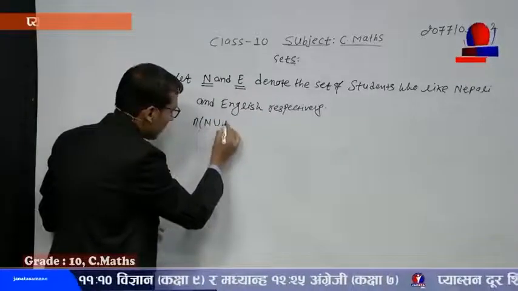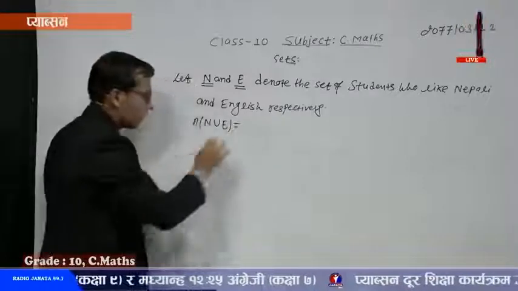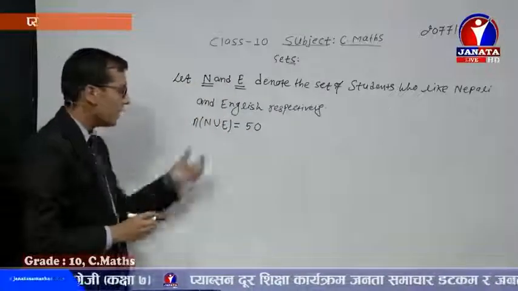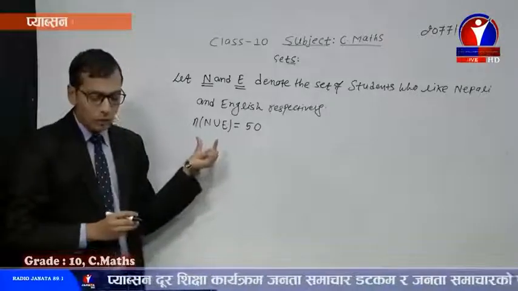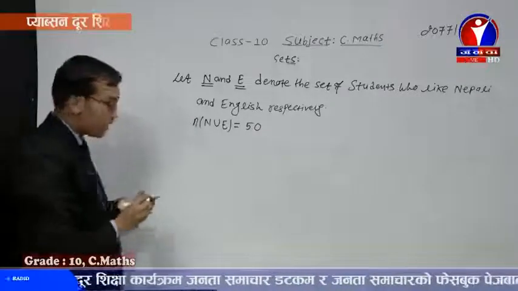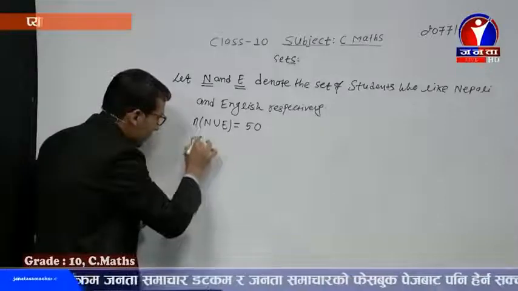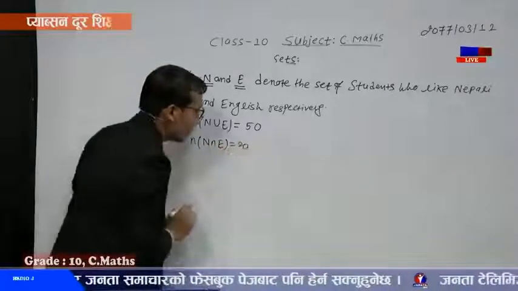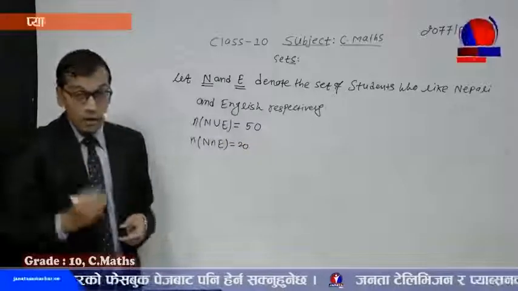Nepali union English is, there are total 50 students. So I am writing the information given from the question. Out of them, 20 like both subjects. So n of Nepali intersection English is 20. Here is the ratio given.